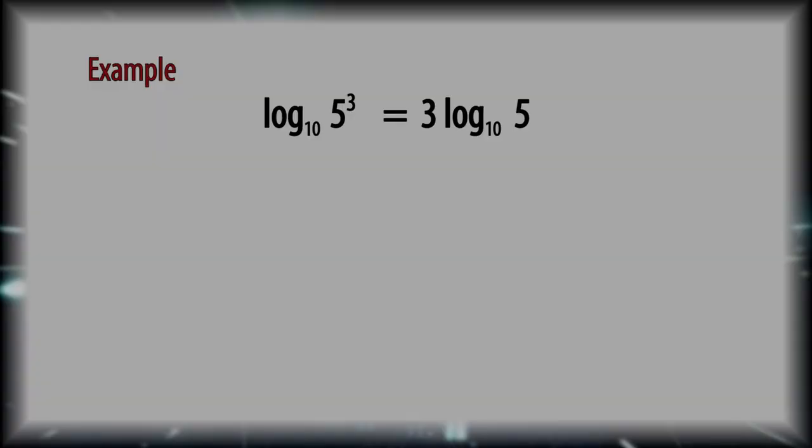The first example says log base 10 of 5 cubed is equal to 3 times log base 10 of 5. Again, log base 10 of 11 raised to the power 6 is equal to 6 times log base 10 of 11.